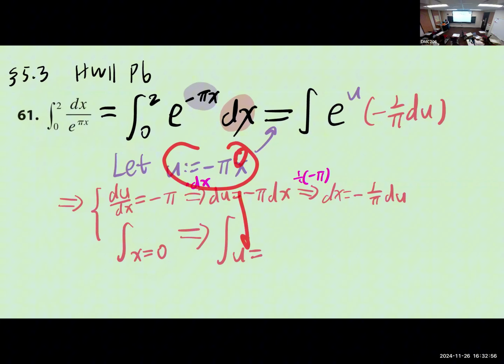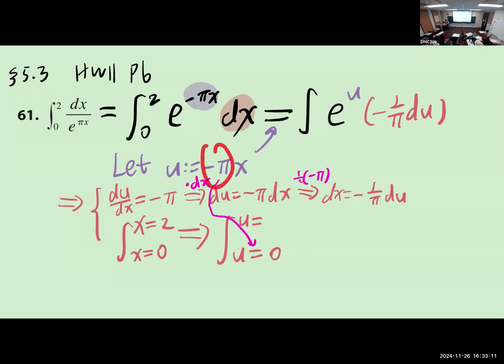So when x is 0, u is negative pi times 0, meaning 0 by this definition. Likewise, the upper bound: x equals 2 gives u equals negative pi times 2, that is negative 2 pi, by the same definition of u. So now we just write these two numbers in the new integral in terms of u. So 0 to negative 2 pi.